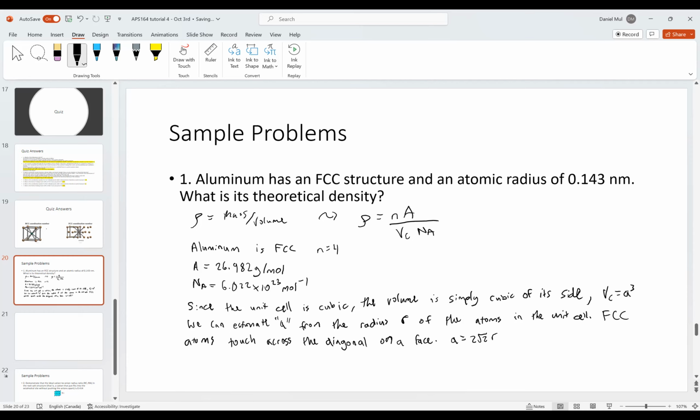Now if we put this together and consider the units, we have A in grams per mole and R in meters.